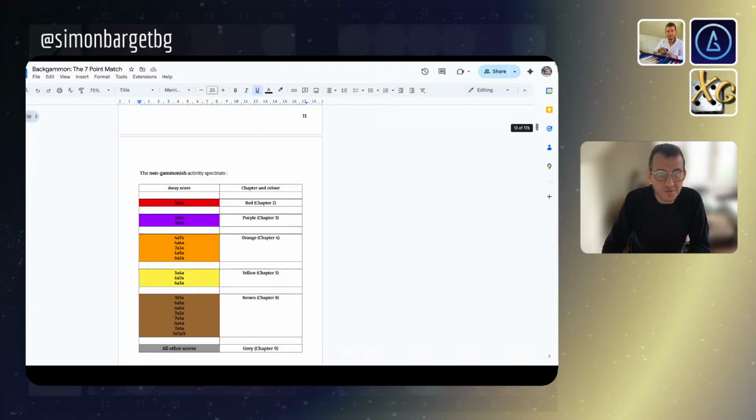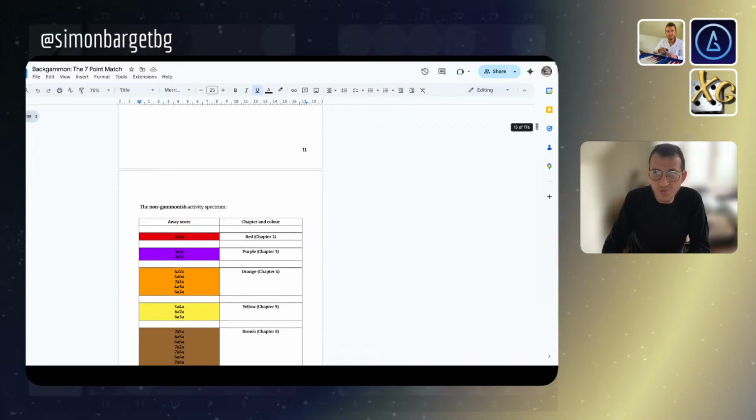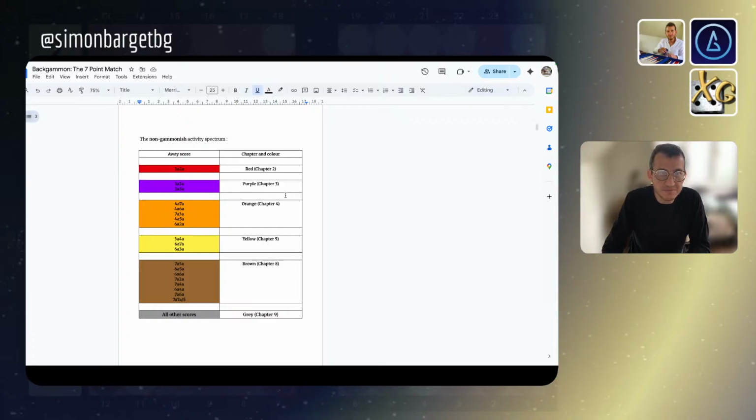This is direct from the book, by the way. Now, what these tables are is they are bandings with every single score in the 7-point match. And what we will learn in the book is that when we have decided whether a position is non-Gammonish, it will go in the top table, which is this one.